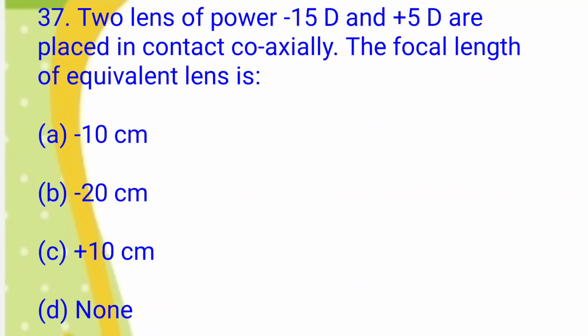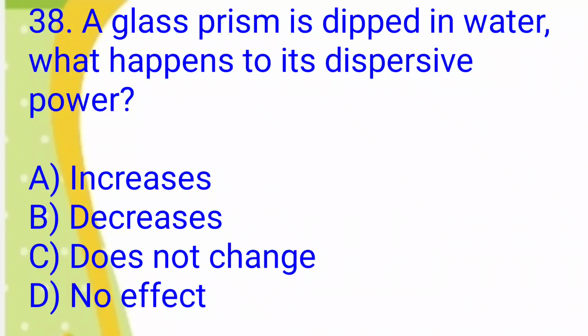Two lenses of power minus 15D and plus 5D are placed in contact coaxially. The focal length of the equivalent lens is option A, minus 10 cm. A glass prism is dipped in water. What happens to its dispersive power? It decreases.